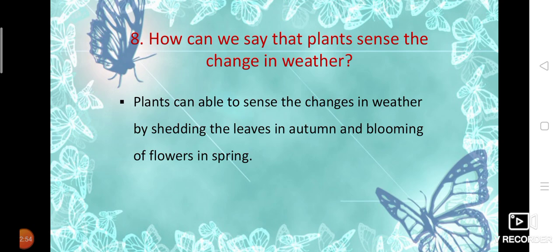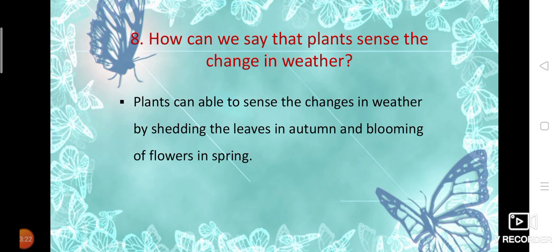So the answers you are going to start from the question itself. Plants are able to sense the changes in weather. This first sentence is given in the question itself, so you can write it as it is. The remaining part is by shedding the leaves in autumn. See, there are four seasons: summer, winter, spring, autumn.